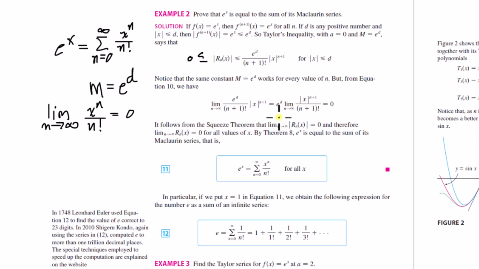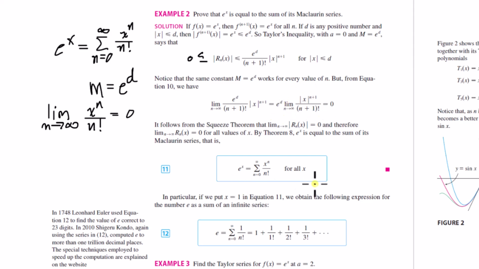Well, no, we don't think about d going to infinity. d is just representative of the number you're going to be plugging in for x. You could pick d equal to 10 billion, but if you pick a specific number, then this is 0, because you have e to the d, a specific number, times something that's infinitesimally close to 0.